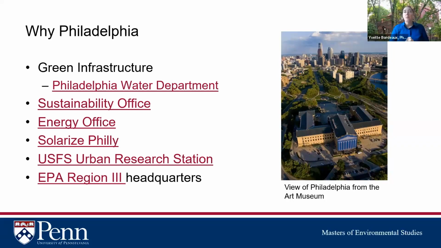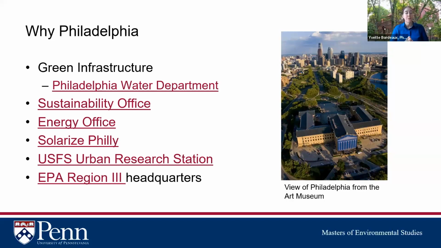Okay. We also have an energy office, which is really focused on renewable energy. We have Solarize Philly, which is focused on getting solar panels on all homes in the city, including, or in particular, low-income homes. We have the U.S. Forest Service Urban Research Station right here in the city.